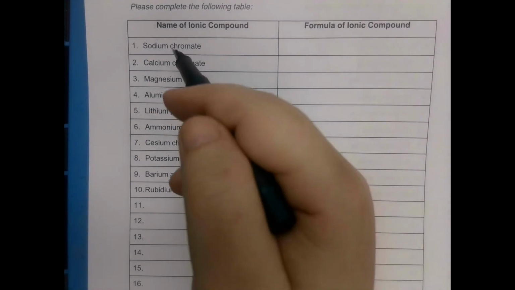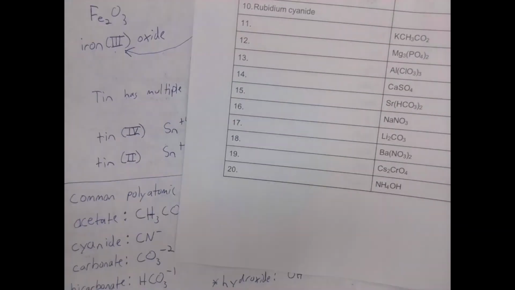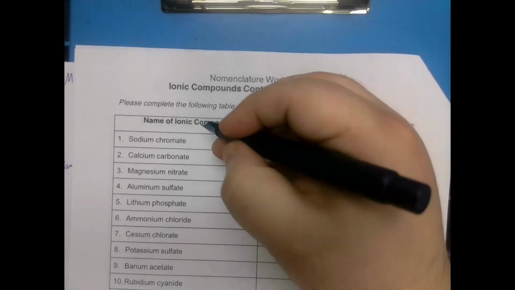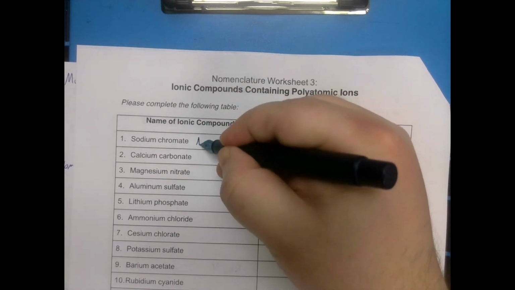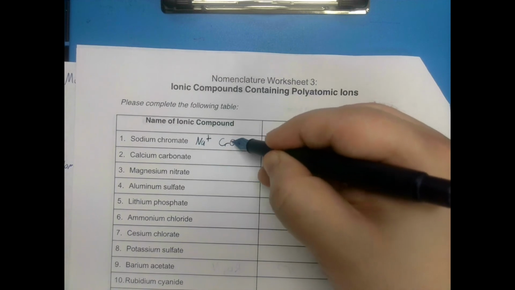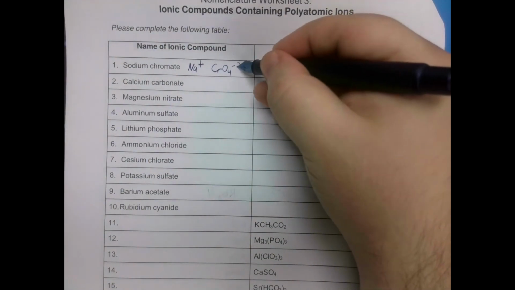So chromate is a special one that I told you about. Chromate is CrO4 with a negative charge. So sodium is Na+, and chromate is CrO4 with a charge of -2.